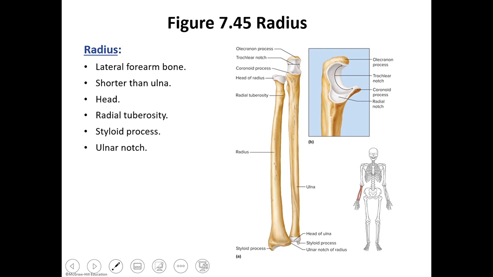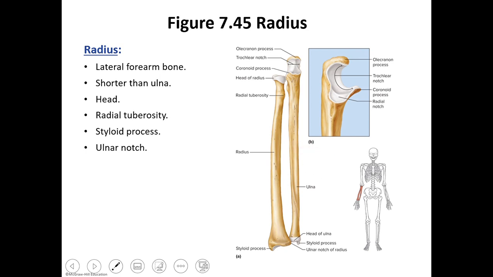First, the radius. Remember, it's thumb side, so in anatomical position, the palms are facing forward and the thumbs are pointing out. So in the anatomical position, the radius is actually the lateral of the 2 bones, while the ulna is medial.